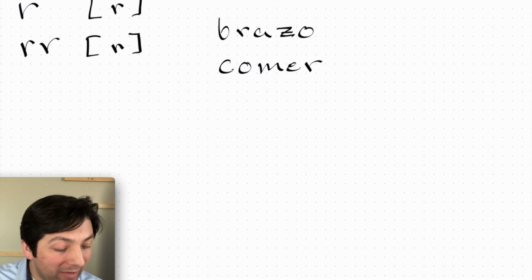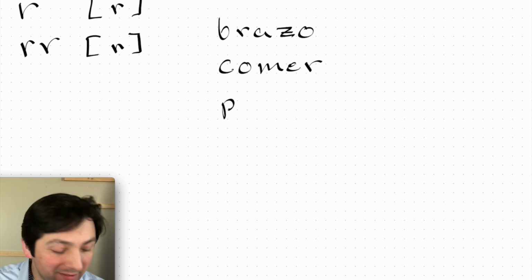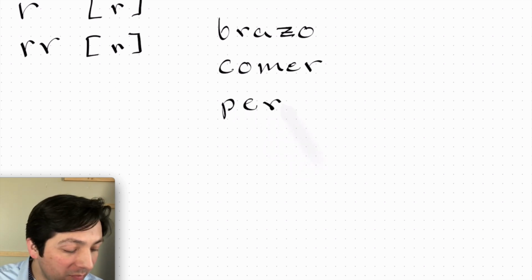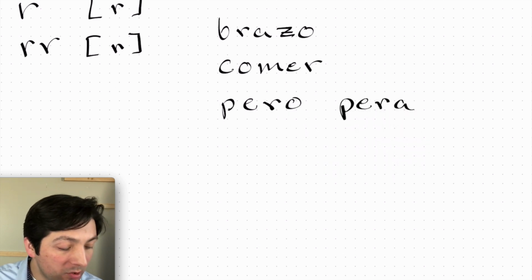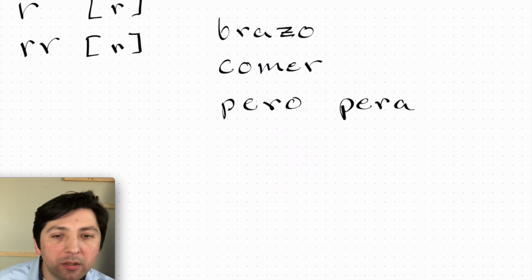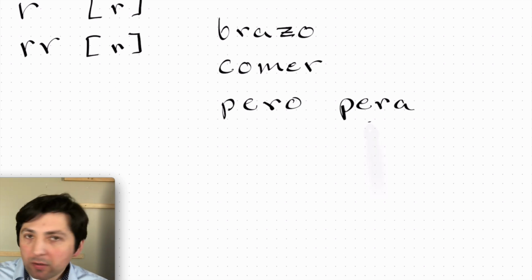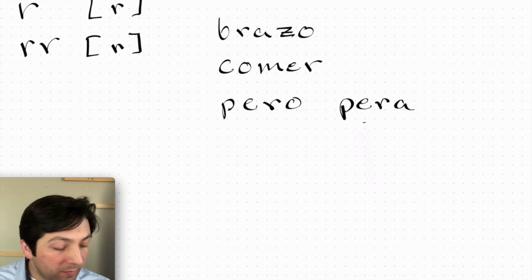Or between vowels. And this is why I was going to use those other words that I accidentally erased. So we have pero, pera. So this is, except, but, just B-U-T, right? And pera, this is a pear, right? It's just a fruit.